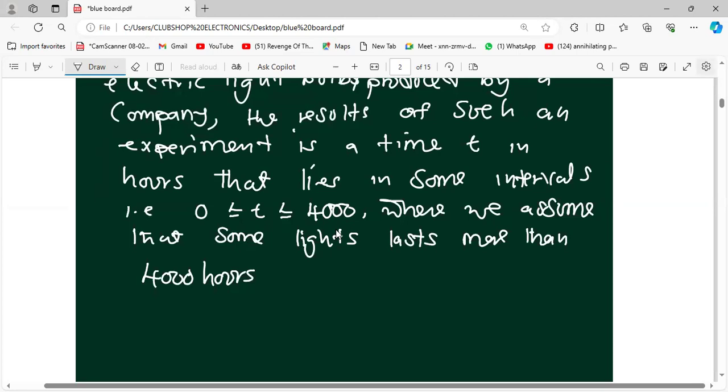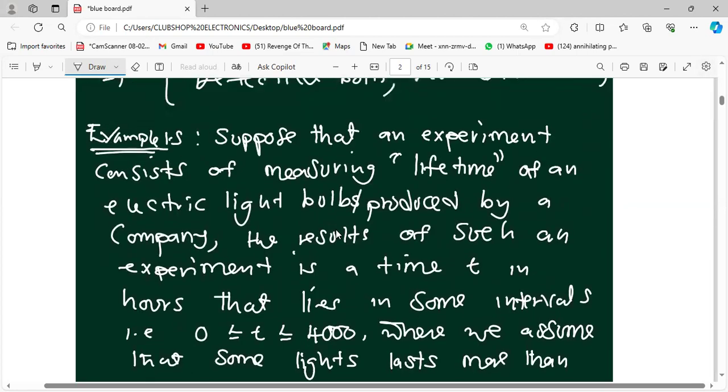Okay. So what we are saying is when this experiment is conducted, we are trying to measure the lifetime of each electric light bulb that is produced by a company. Now we are saying the lifetimes lie within an interval, let's say 0 to 4,000 hours.